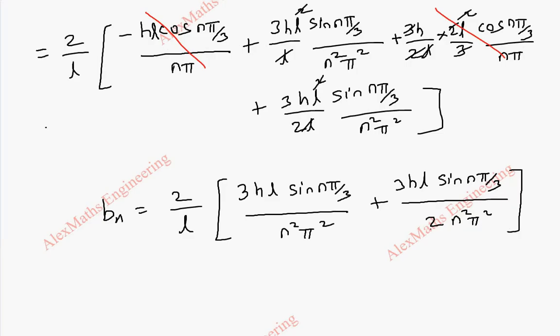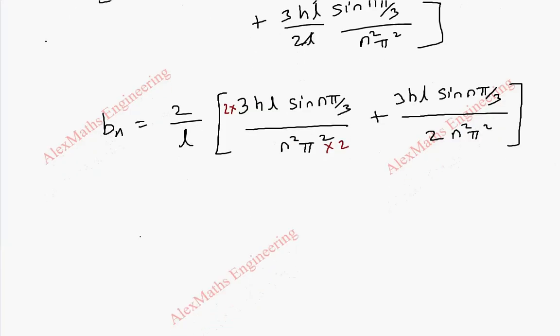Suppose when I add this, I make a common denominator. So I put into 2 into 2. So we have a common denominator 2n square pi square. 2 by L square, and this is 2n square pi square. This is 3 to the 6, and here 3.